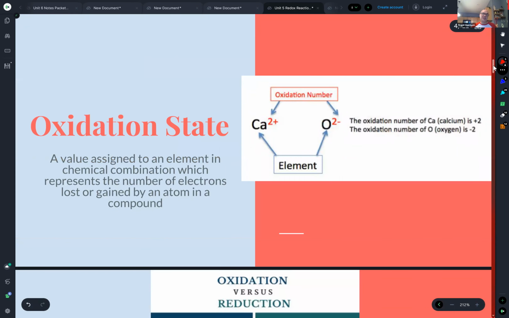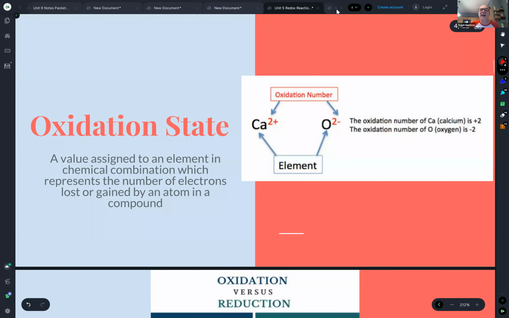Now, oxidation state is just the same as a charge. It's just more formalized, and it is assigned based on some calculations that we're going to do. A charge was something that was predictable.